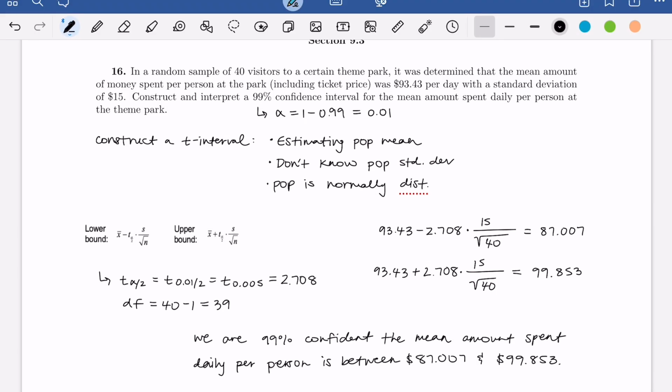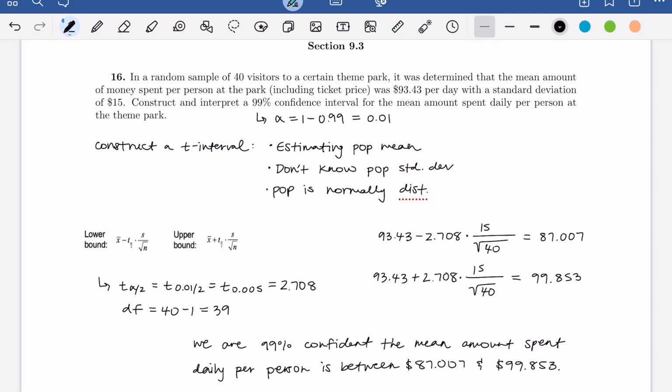All right, so that's how we would construct a t-interval here to estimate our population mean.